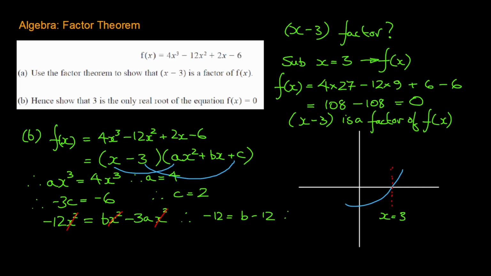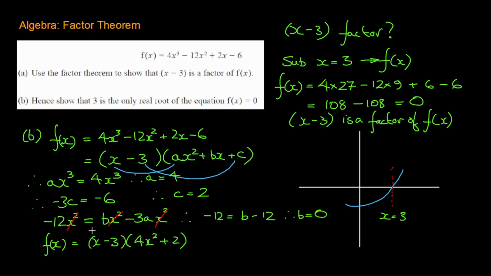So therefore, b is equal to 0. There is no x term. So I can now express f(x) as x minus 3, and then filling in all the results we got, 4x squared plus 2.